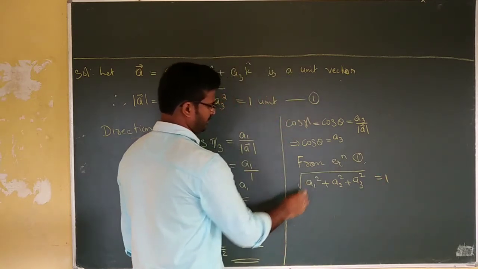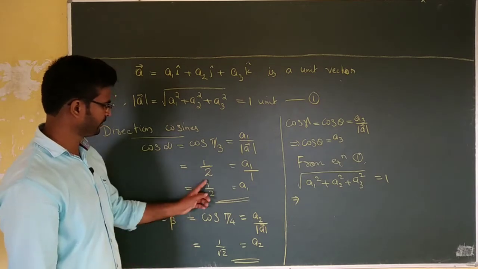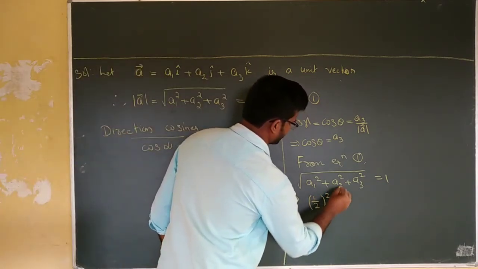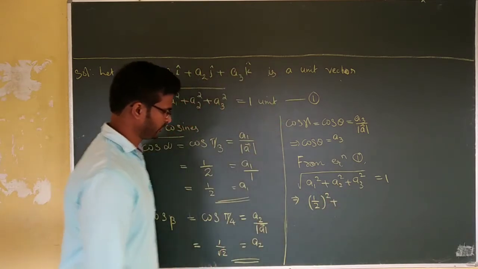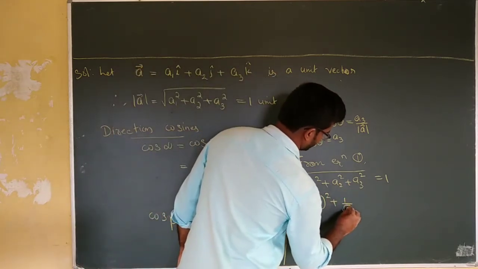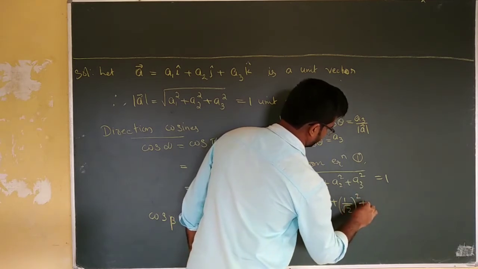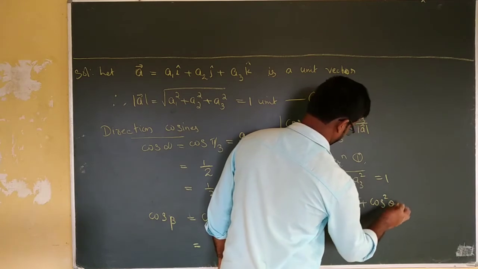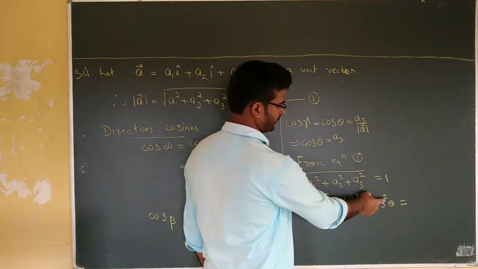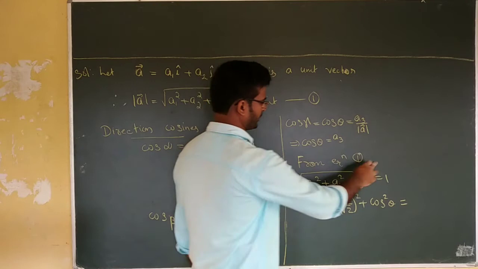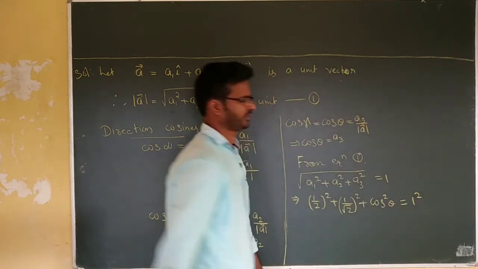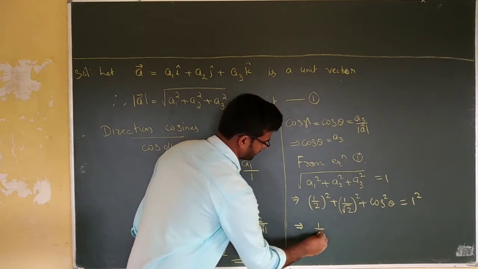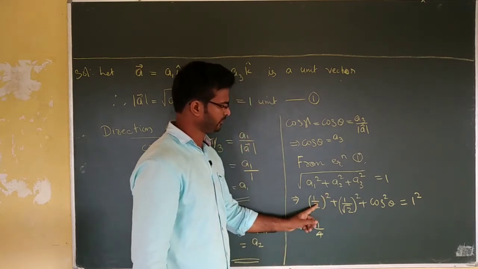We can put in all the values. a1 is 1 by 2, so 1 by 2 square; a2 is 1 by root 2, so 1 by root 2 square; plus a3 is cos theta, so cos square theta, equal to, since a square root is there, bring it to the right side as a square. 1 by 2 square is 1 by 4, isn't it? 1 square is 1, 2 square is 4.